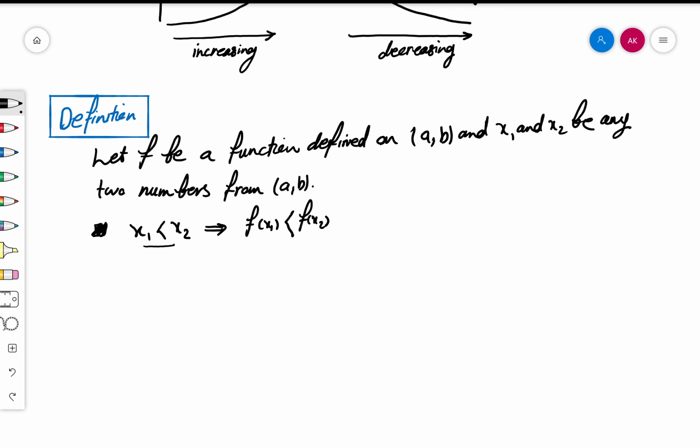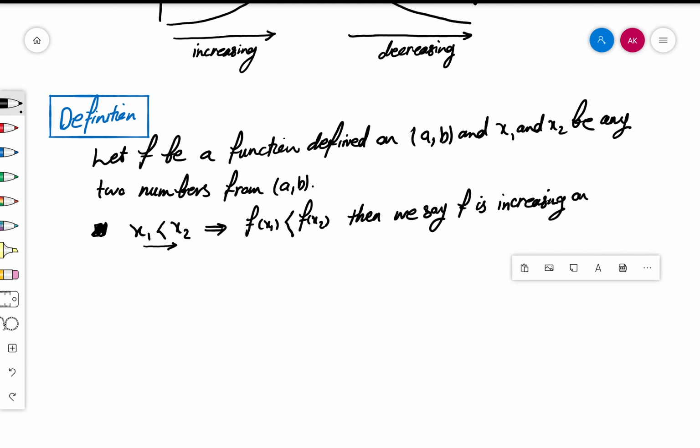If value of x increases from x1 to x2, the value of the function also increases from f of x1 to f of x2. Then if this happens, we say f is increasing on the interval (a, b).